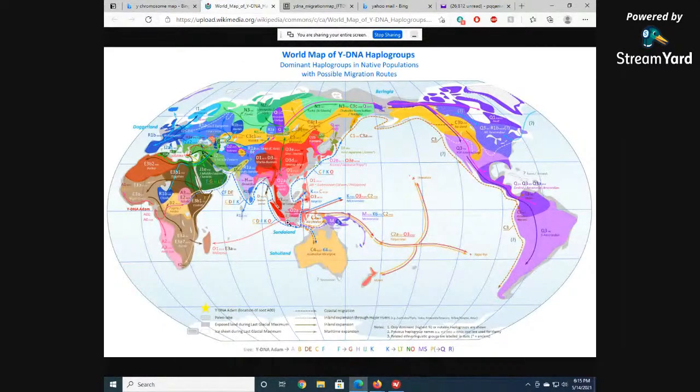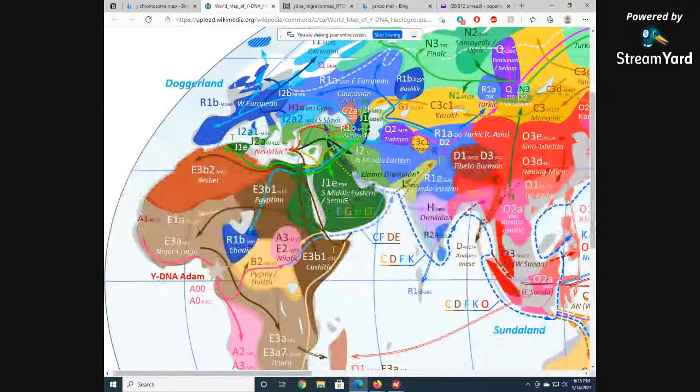So yeah, to begin with, it's kind of obvious that the J1 says, it even says right here, Middle Eastern Semitic. So the Semitic is FGHIJ. Well, actually, it's down here.